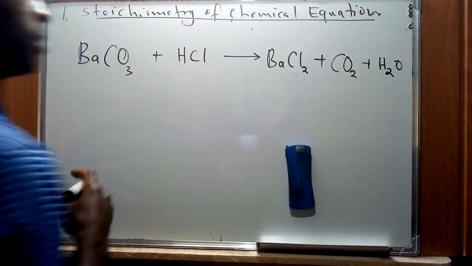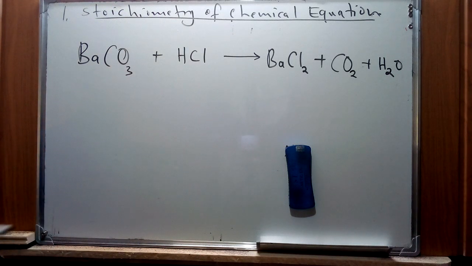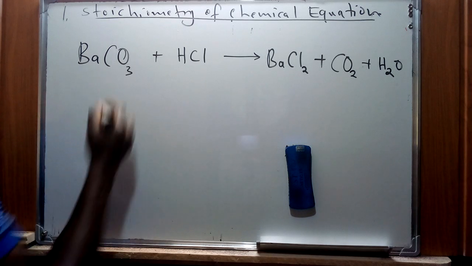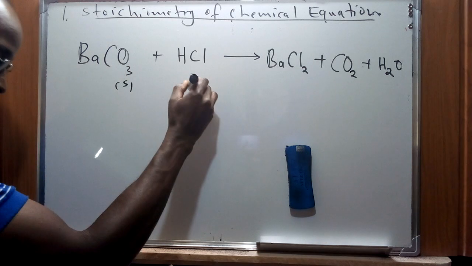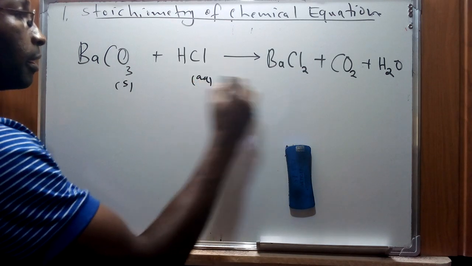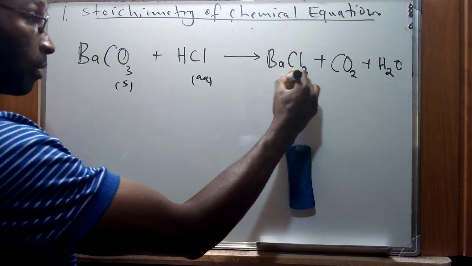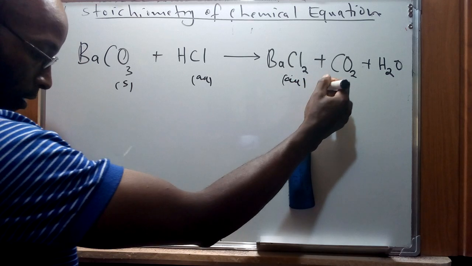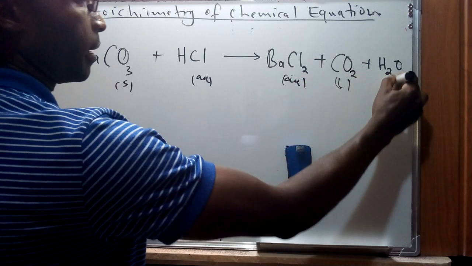So therefore we're going to see that the reacting species and the product have got their moles or the reacting ratios represented correctly for them to balance. This is a solid, and this is aqueous, and this is aqueous, this is a liquid and a gas.